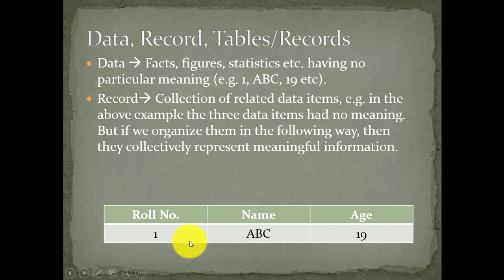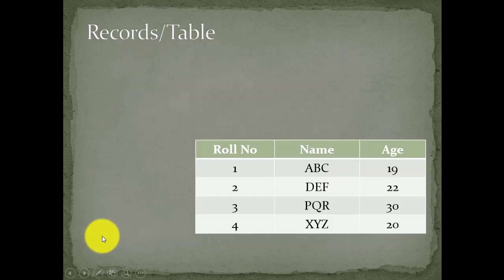So I hope you are clear with what exactly data is. Data is meaningless. Any fact, figure and statistics is there, but a record is this particular row and has some meaning. Now let us see, looking at a similar kind of table that we have seen earlier.